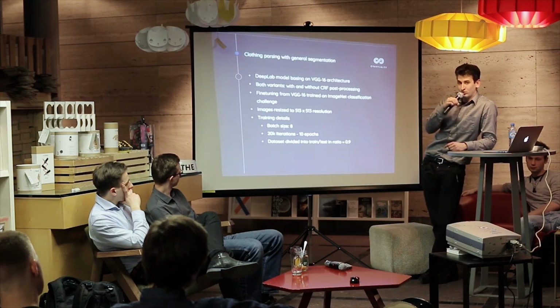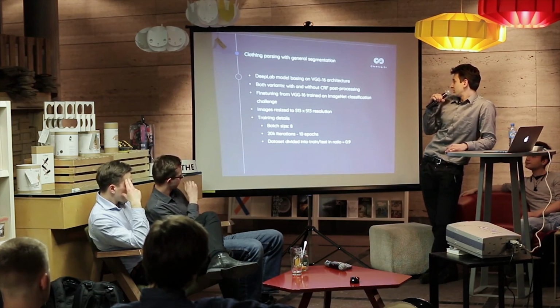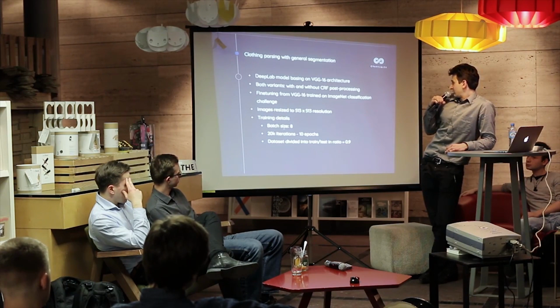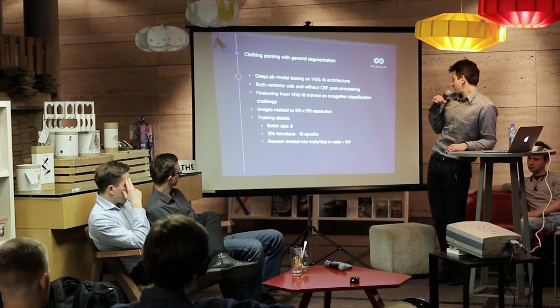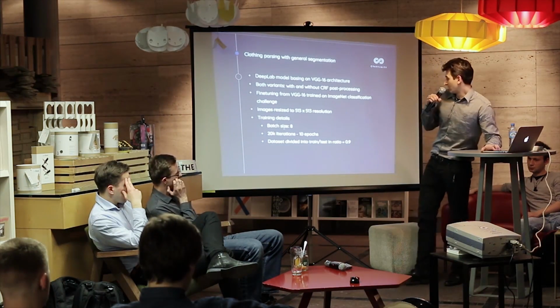And when it comes to training details, we fine-tuned the original VGG16 trained on ImageNet. And we set some batch size, some number of iterations, and the train test split is 0.9.